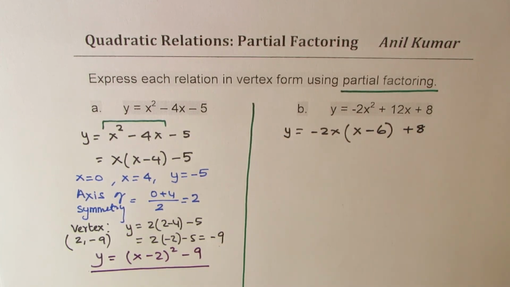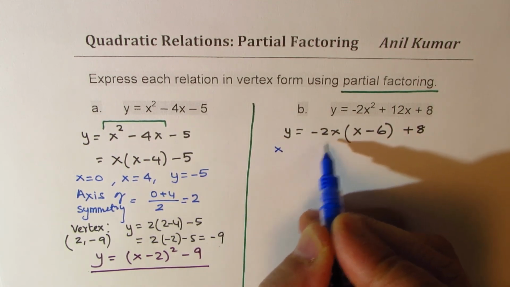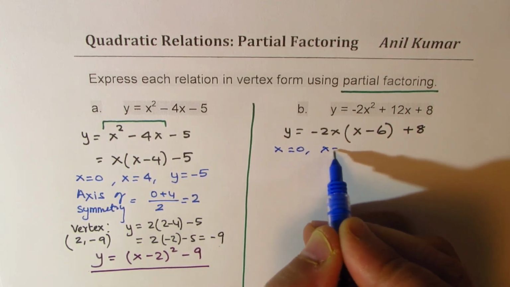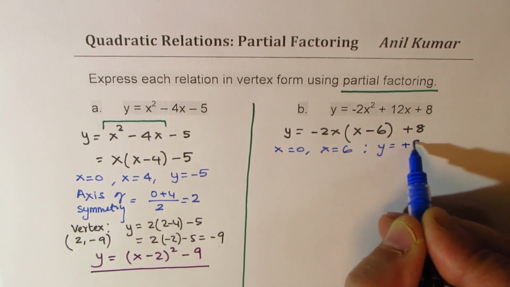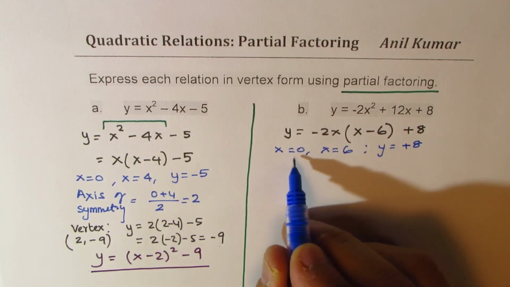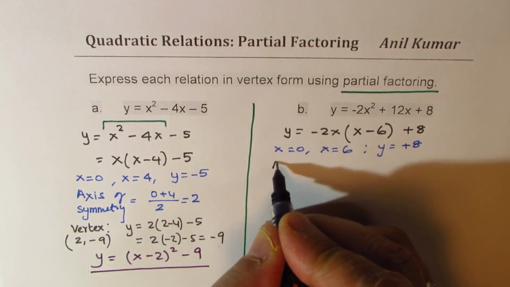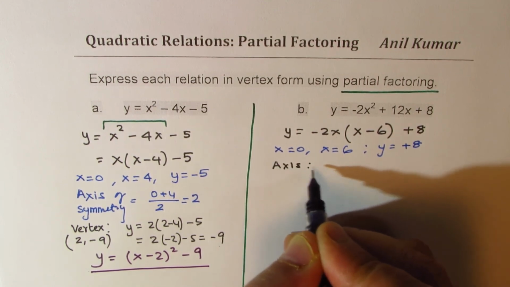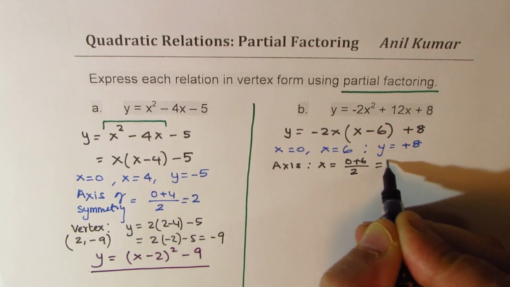As you can see, again, x equals 0 and x equals 6 give you y equals plus 8. Same y value for two x values. So that tells you that the axis will be at x equals 0 plus 6 divided by 2, which is 3.